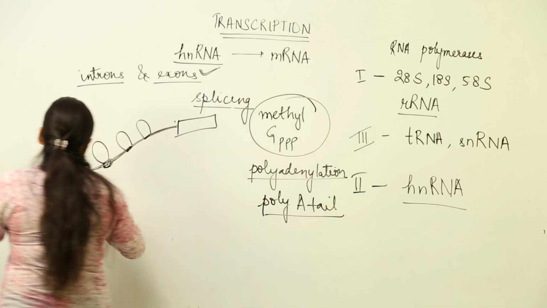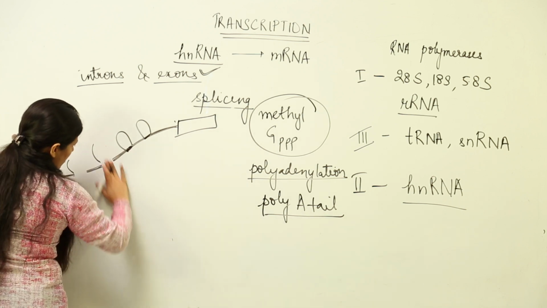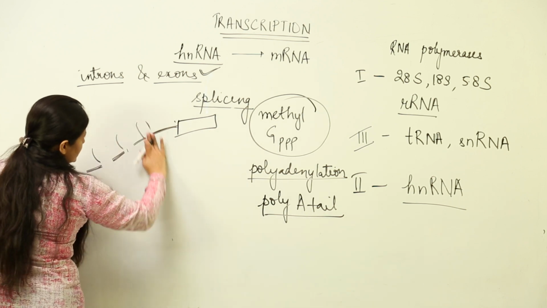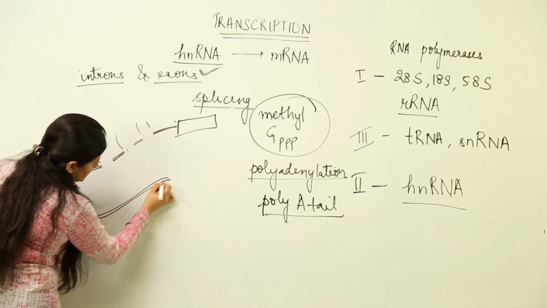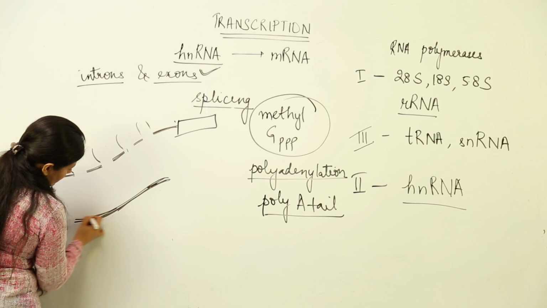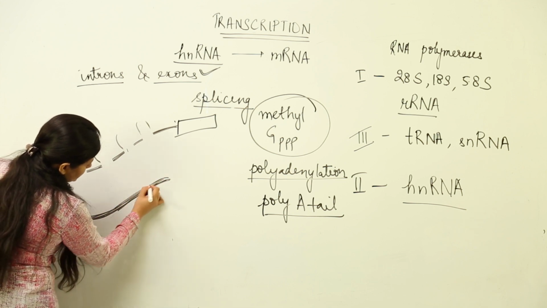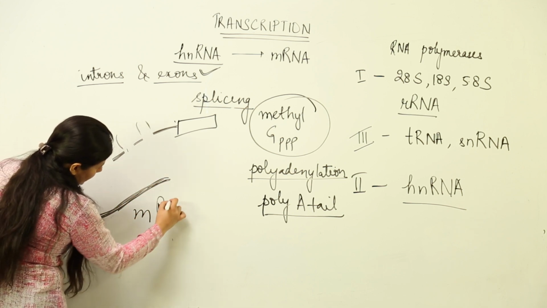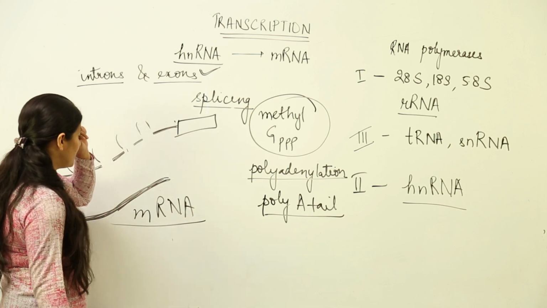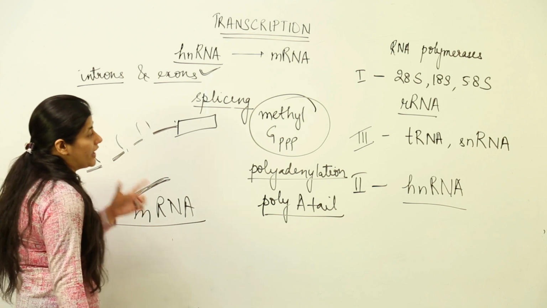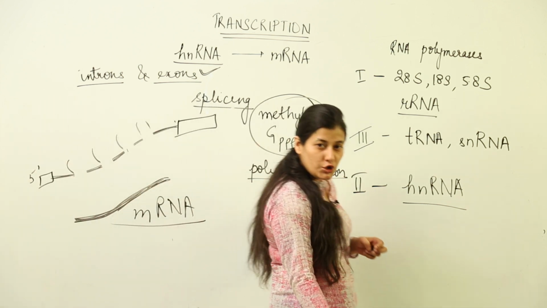Now, what are you left with? This part is gone, this part is gone, this part is gone, and this is gone, and what you are left with is all exons, and you have the required messenger RNA in your hand. So, this is the additional mechanism that is found in the eukaryotes.